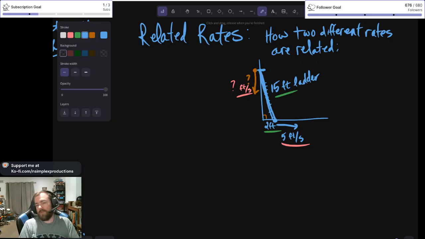Okay, so first off, we want to start with any sort of relationships that we know exist. So this being correctly plumb to the wall, the floor being correctly plumb to the wall, it's going to have a right angle in it, which then naturally the 15-foot ladder makes a right triangle out of this. So we do know that y squared plus 2 squared, being the x distance, is going to be equal to 15 squared.